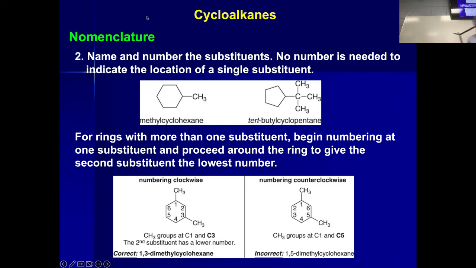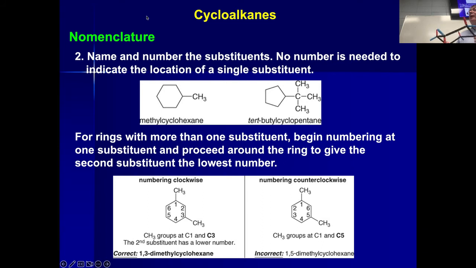So, here's some examples. If I put a methyl group on this, I'd have methyl cyclohexane. Do I need to worry about a number if I just put one group on? No, because it's going to be one no matter how you number it, right? So we would just call that methyl cyclohexane. Okay? Notice we have another one here. We have 5 carbons in the ring. That becomes cyclopentane. But notice the substituent that's attached to it.